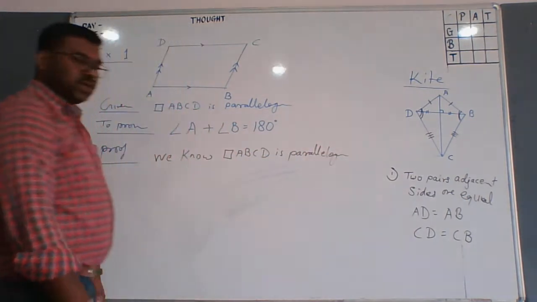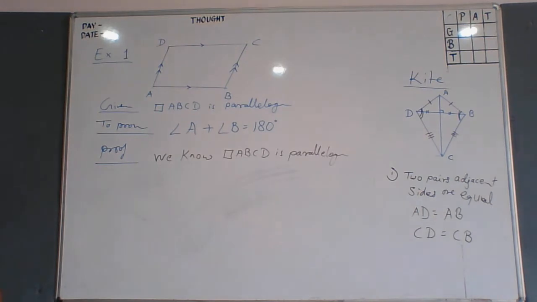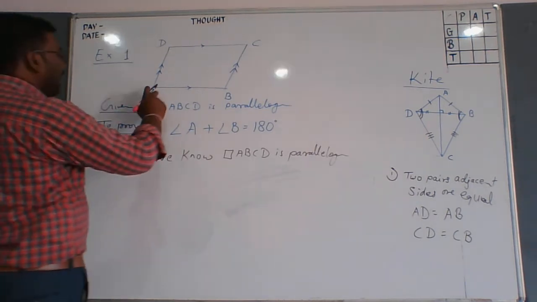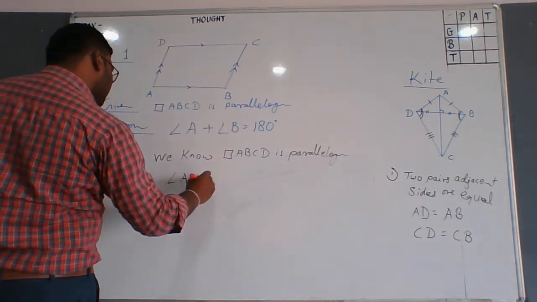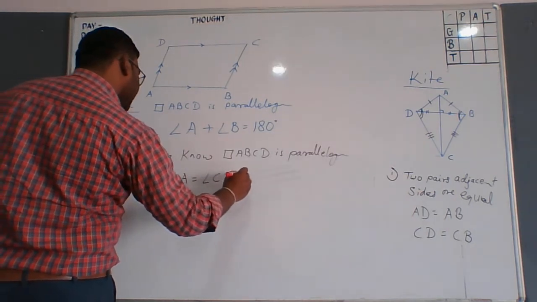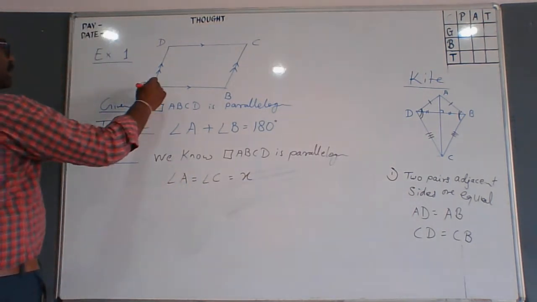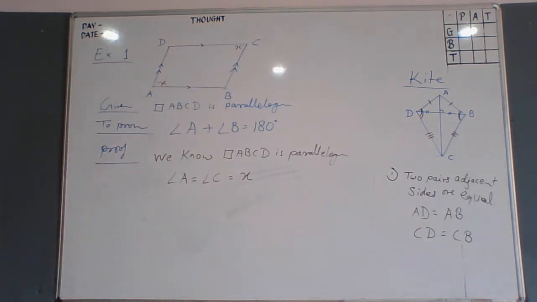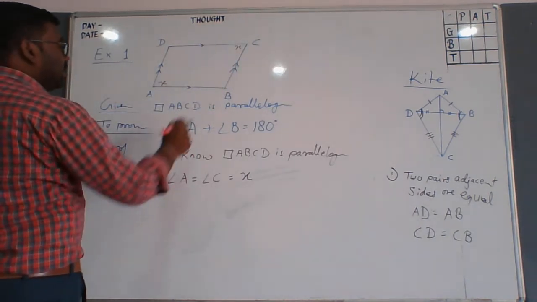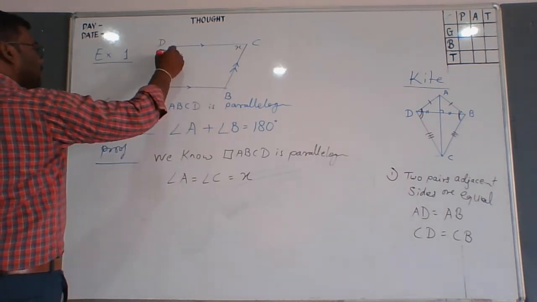Okay, and since it is a parallelogram, we can say that its opposite angles are equal. Angle A and angle C are equal. Let it be X. Similarly, angle B and angle D are equal.